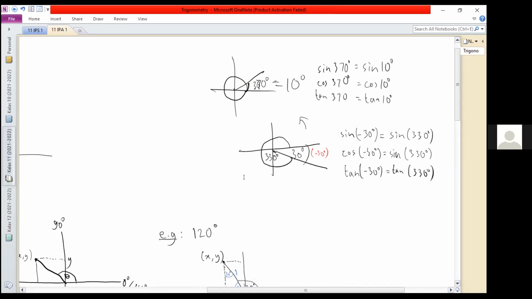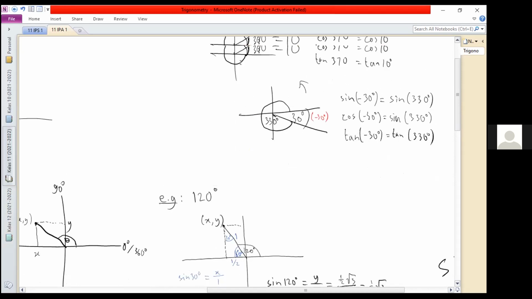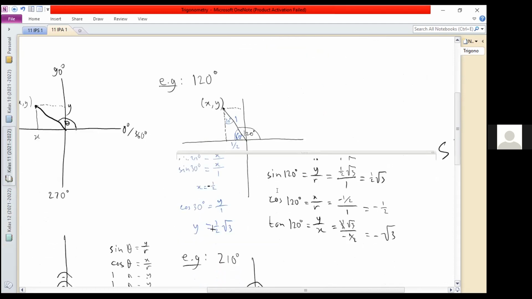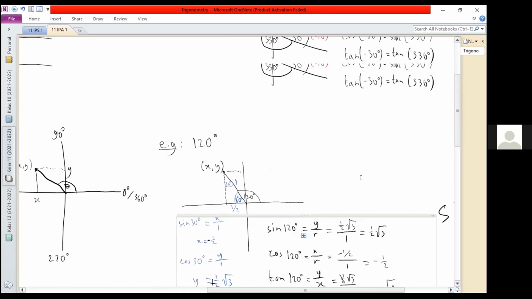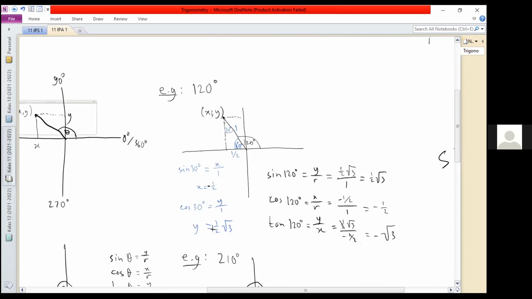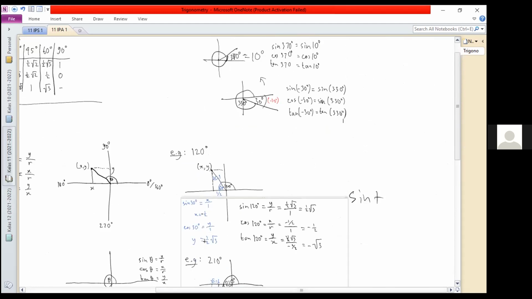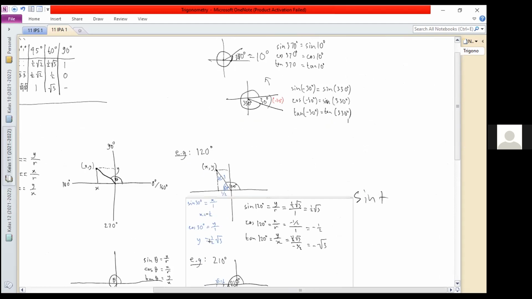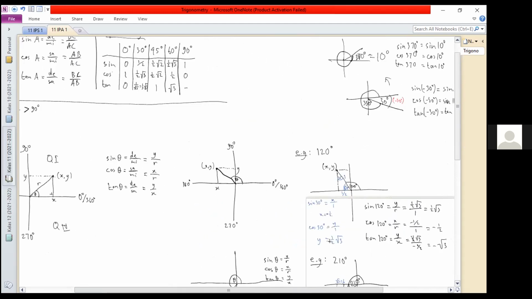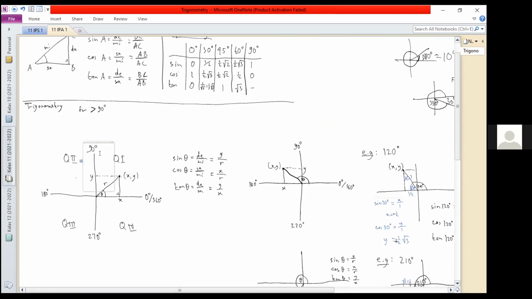So that's what we learned before, and one more thing. We can summarize from our previous meeting that for all angles between 0 and 90 degrees, the values of sine, cosine, and tangent are all positive.